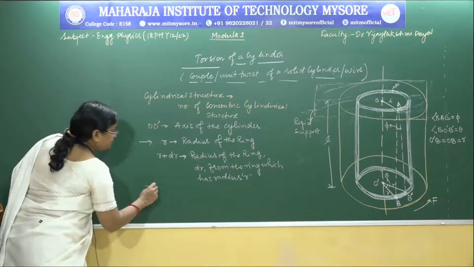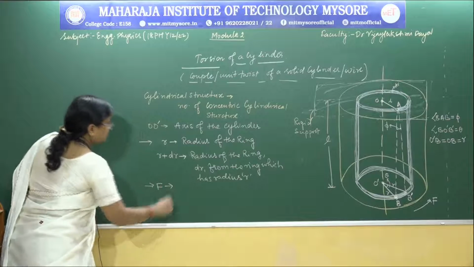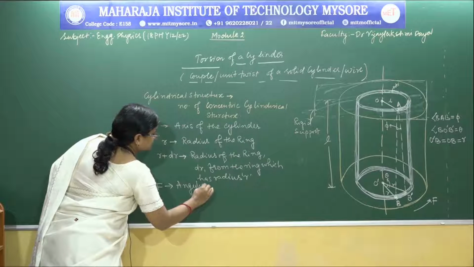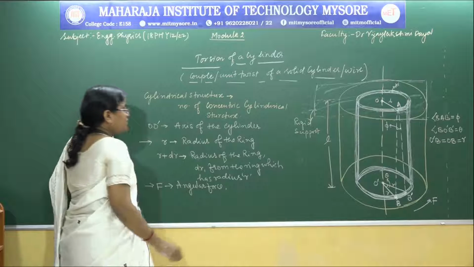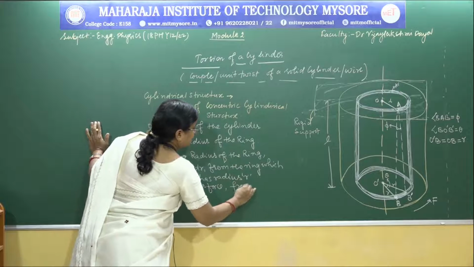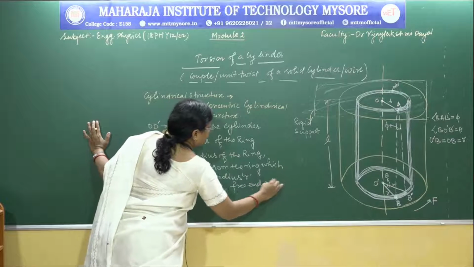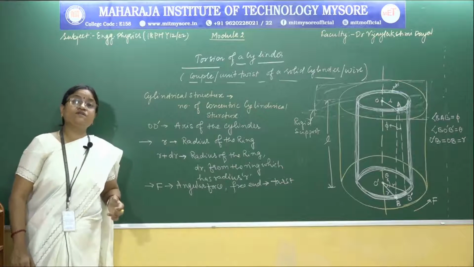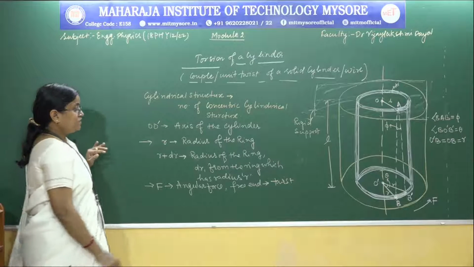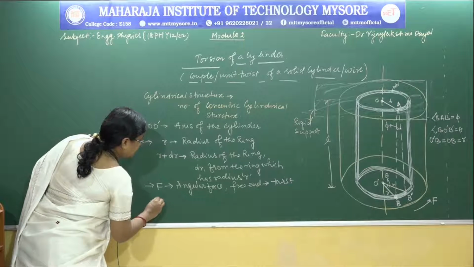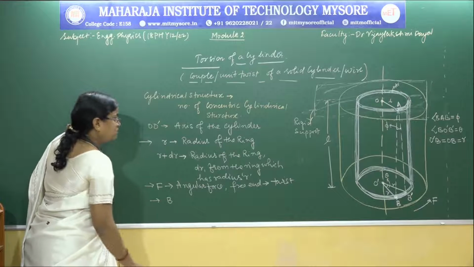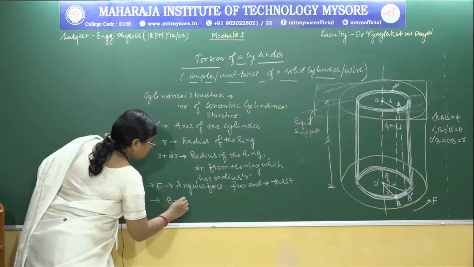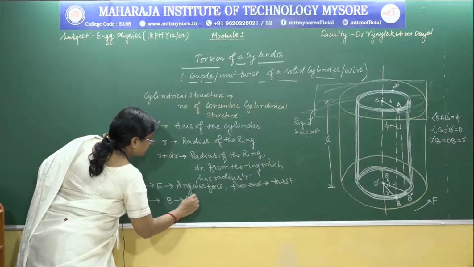Now if we apply an angular force on the free end of the structure, what will happen? A twist will be produced, which is what we call torsion. If we consider a point B on the bottom surface of the cylindrical structure, it shifts to B dash.